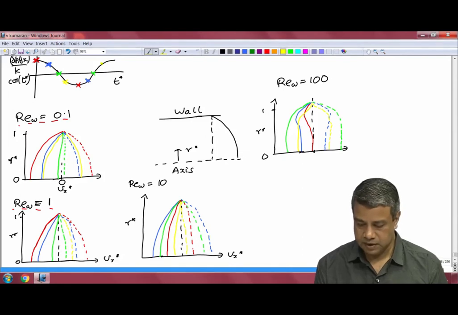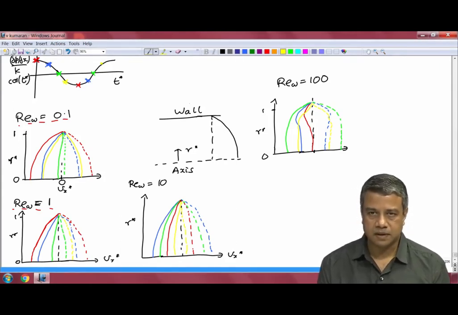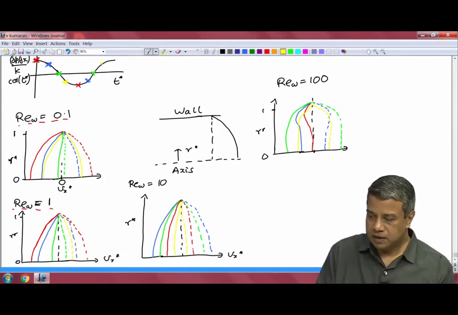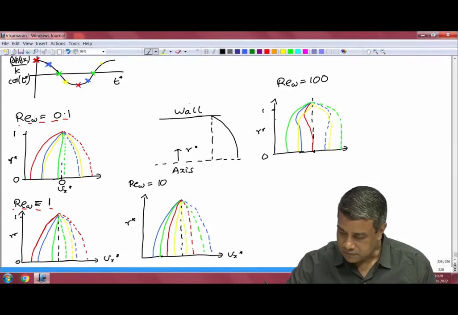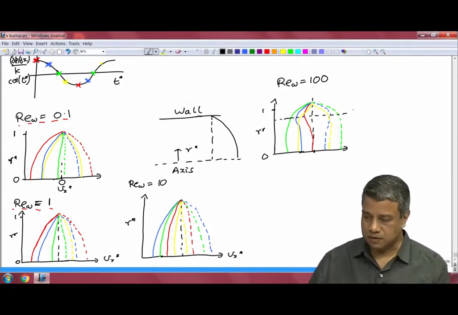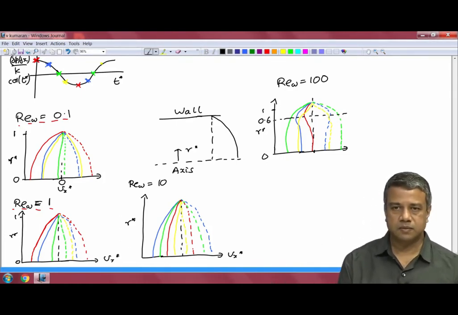The other important difference is that the velocity profile looks parabolic when the Reynolds number is small. On the other hand, when the Reynolds number is large, the velocity variations are actually restricted to a thin region close to the wall, greater than about 0.6 or so, for Reynolds number of 100.